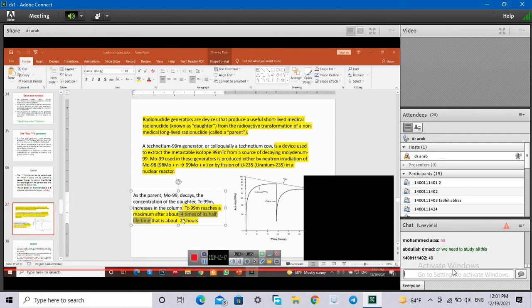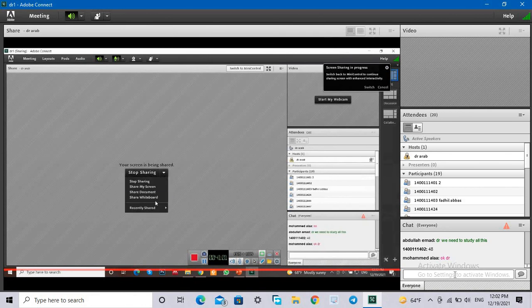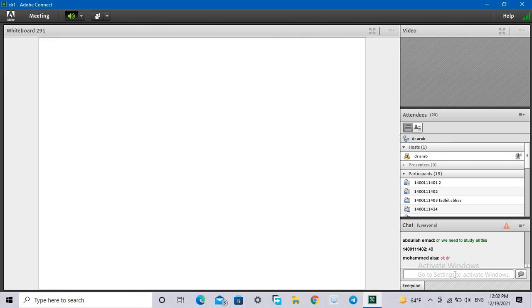I explain it again. No, not 48. No, 4 multiplied by 8 is 32. Again, I say on the whiteboard, we need 4 times the half-life to reach the maximum amount of daughter radioactivity.